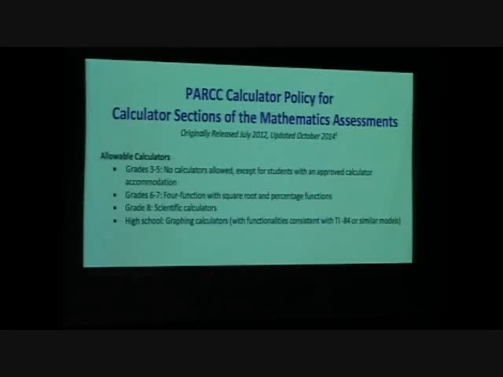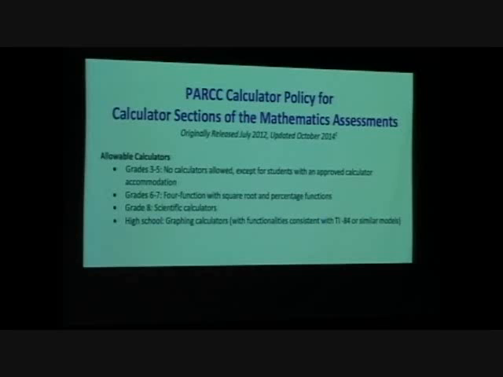Grades 6 and 7 will only be permitted to use a 4-function calculator with a square root symbol and percentage functions. This is slightly different than what they were permitted to use on the NJ ASK, because that was a scientific calculator. So we have a small change on those 2 grade levels.